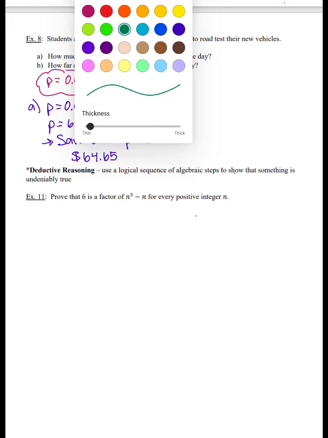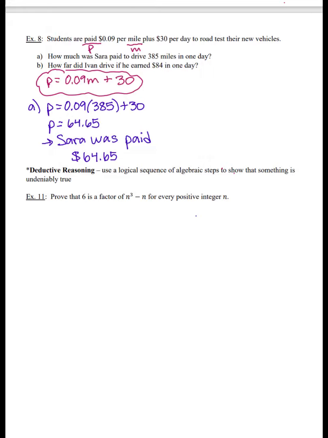All right, and if we do something similar for Ivan, we are given the amount that he was paid. So this time we have the B value, 84, and then we know it's 0.09 times a number of miles that we don't know yet, plus 30. So in this case, when you don't know your independent quantity, it's just a couple of extra steps to solve for it compared to example A. So if we subtract the 30 over, we'd have 54 equals 0.09 m.